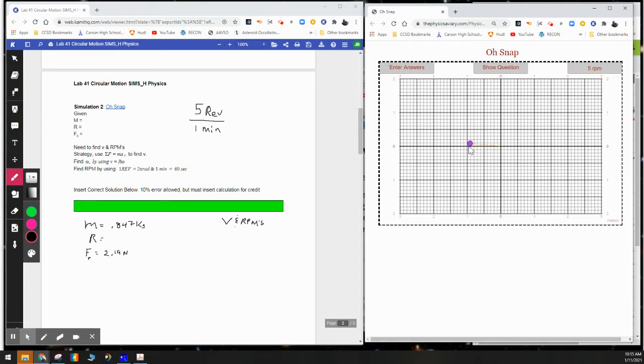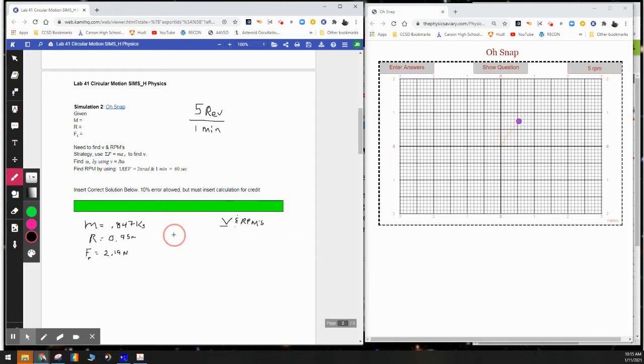So in my case, it's 0.95 meters, because this is 1 meter to here, so 0.95 meters. All right, so let's get the V first.